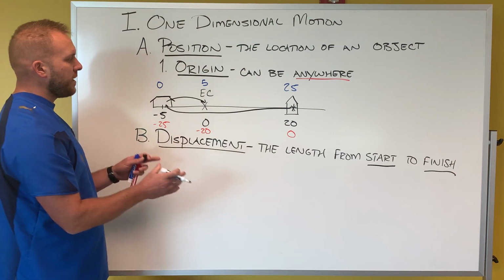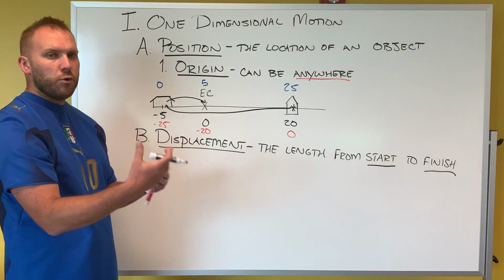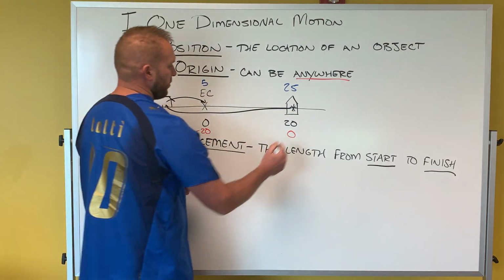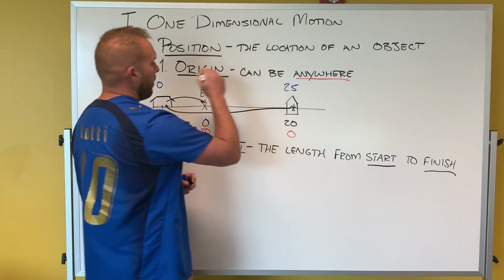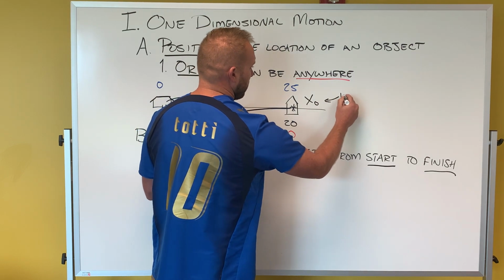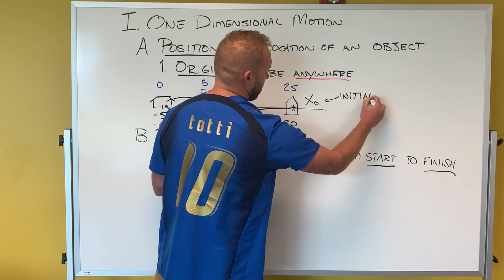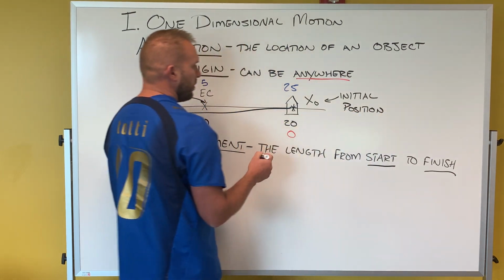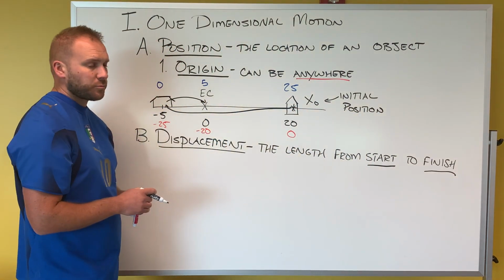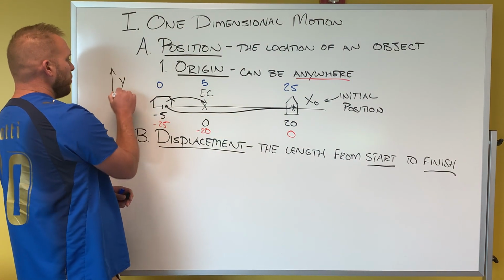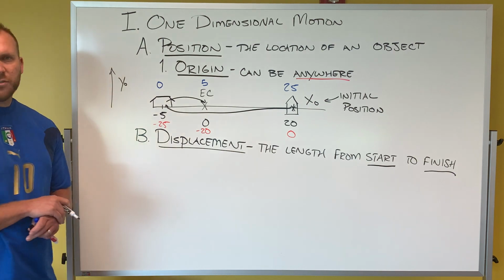So what we don't really care about is the entire motion, but what we care about really is from starting position to ending position. So this is going to be my initial position, which we'll indicate with this. Position is indicated with an X, as long as it's the horizontal. If we're talking about vertical motion, it would be Y, which would look like this, Y initial.